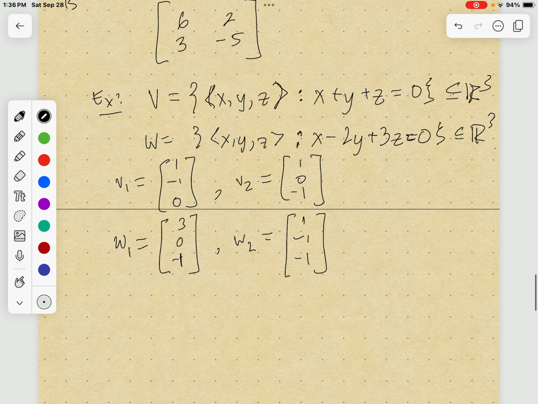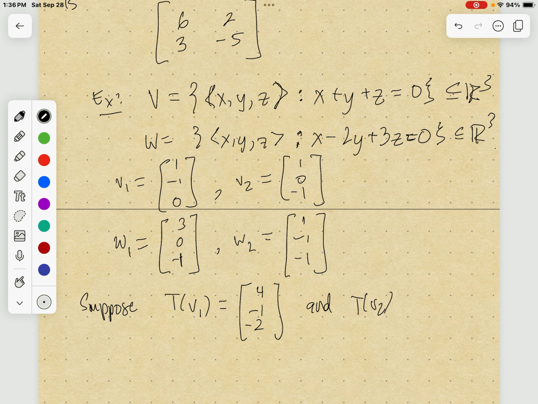So suppose that this is my basis, right? V1, V2 is my ordered basis for V. W1, W2 is my basis for W. And suppose that T of V1 is 4, -1, -2, and T of V2 is 5, 1, -1.